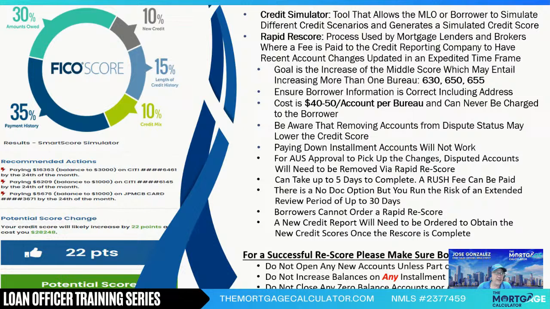As far as payment history on the credit report, there's not much you can do there if they have derogatory accounts, unless there are actual errors that can be resolved quickly for a rescore.